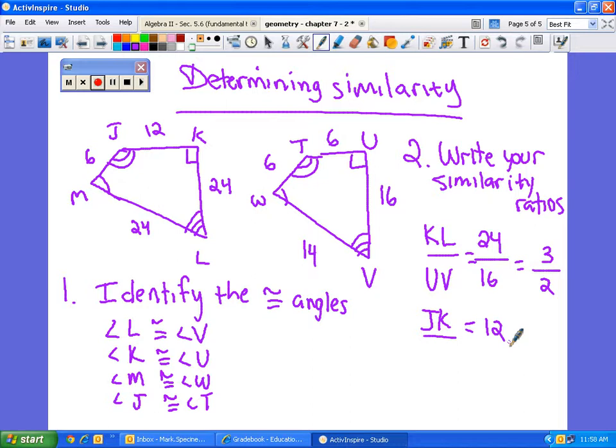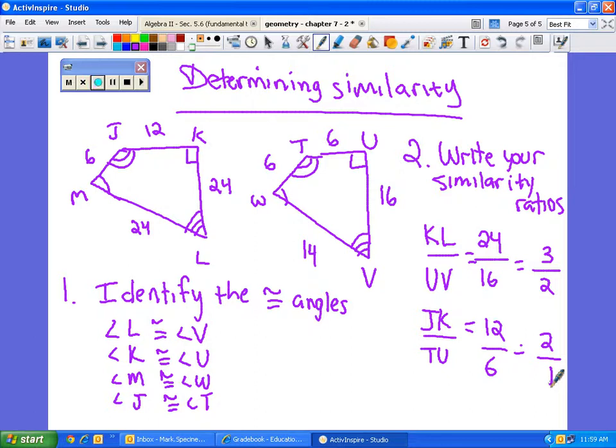TU. And how long is TU? 6. And what is 12 divided by 6 simplified? Well, I want a fraction. 2 over 1.